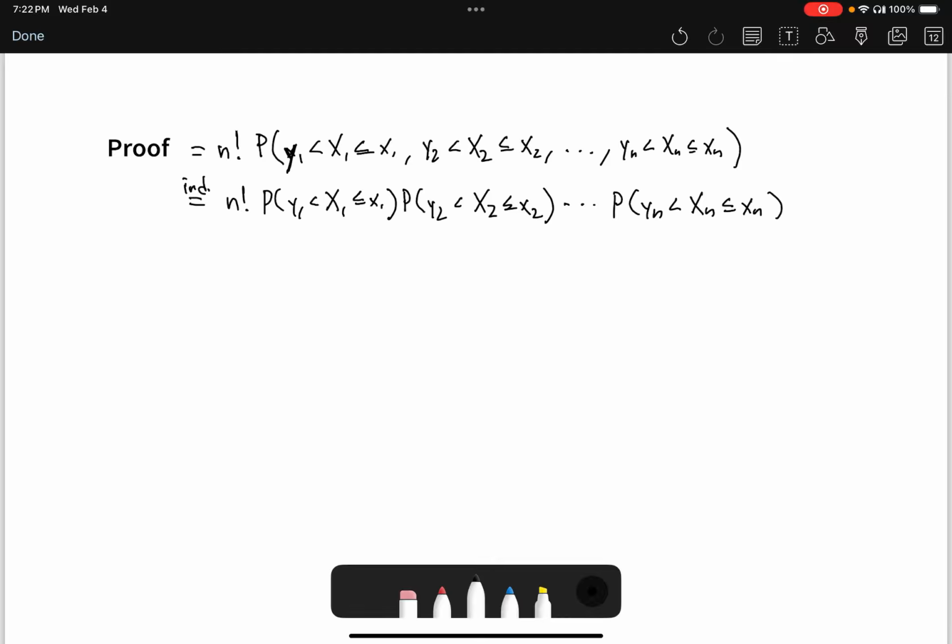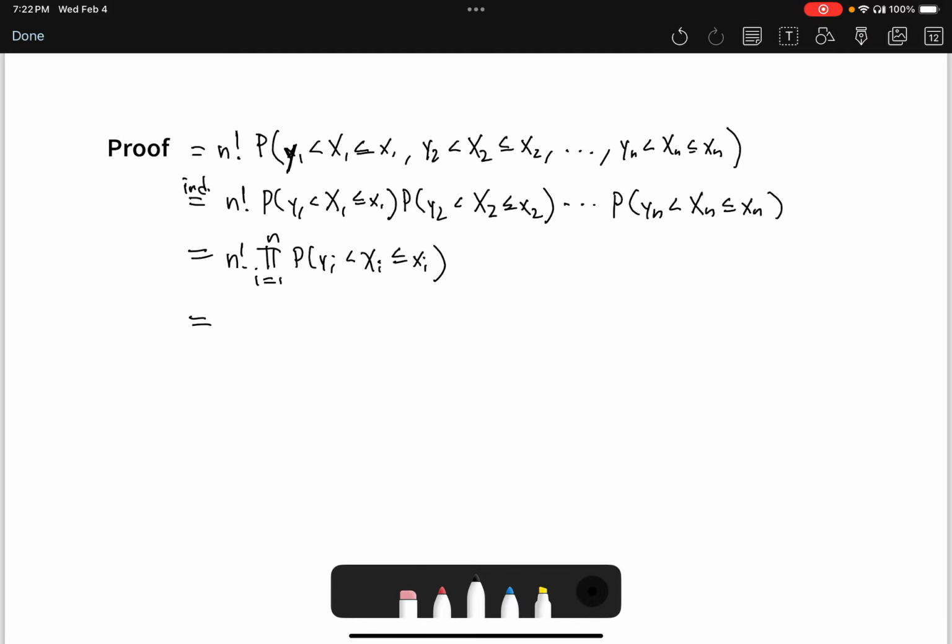Okay, and we can write that as n factorial times the product from i equals 1 to n, the probability that yi is between the random variable Xi and lowercase xi, the value xi.